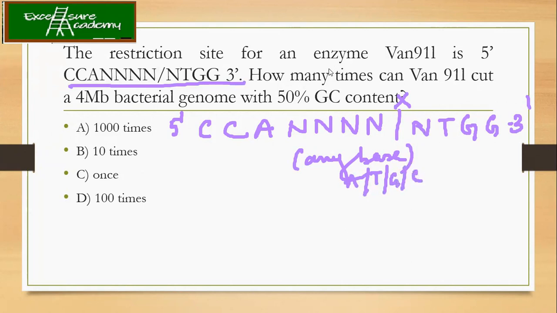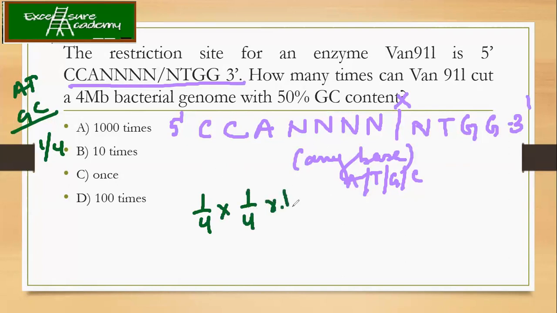Now we need to calculate the probability. So we know that we have got 4 bases, so each of these is going to have 1 upon 4. So for C, 1 upon 4, C 1 upon 4, A 1 upon 4. Now N is given. So N means what? Any base. So the probability of occurring A, T, G, C is going to be equal, so all the bases can occur.